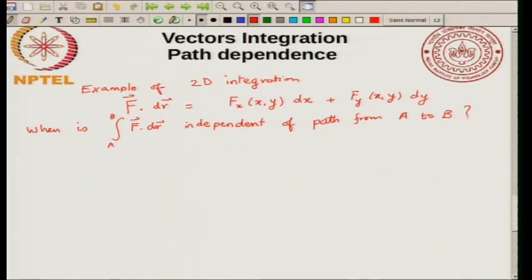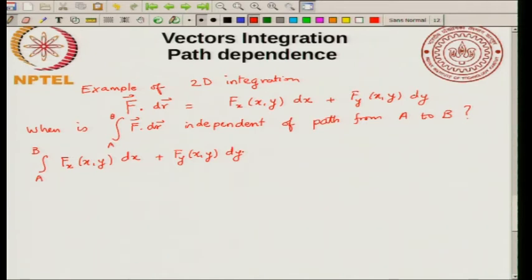Now, you can see this in many ways, but let me motivate it in the following way. Suppose I expand this out. So, I have the integral from A to B of F_x of (x,y) dx plus F_y of (x,y) dy.